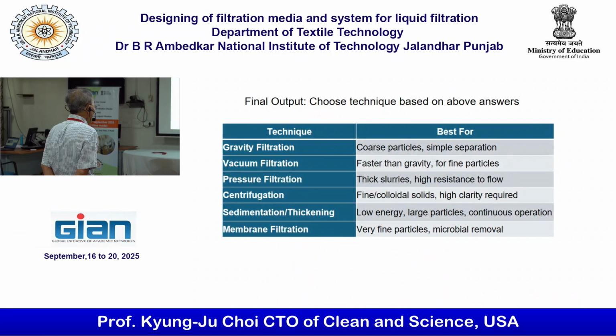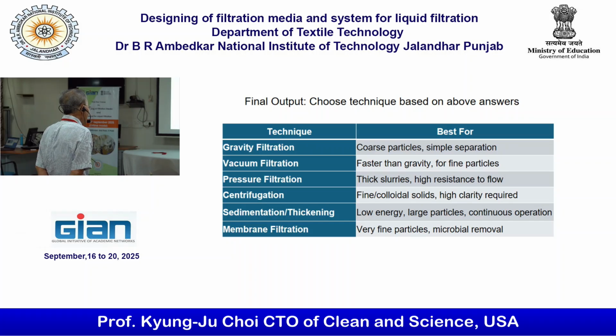Gravity filtration is good enough for coarse particle, simple separation. What about faster than gravity for fine particle? The vacuum filtration is required. What about the thick slurry, high resistance to flow? Then somehow you have to apply a pressure. The pressure filtration is necessary.